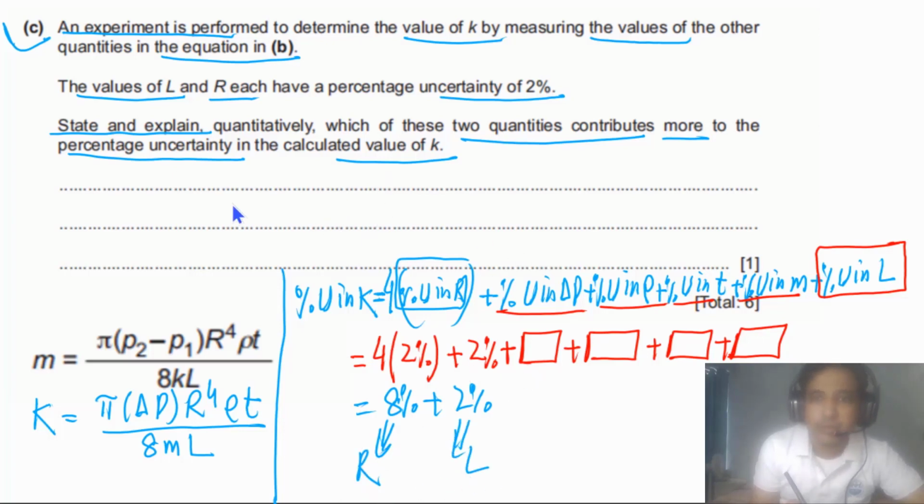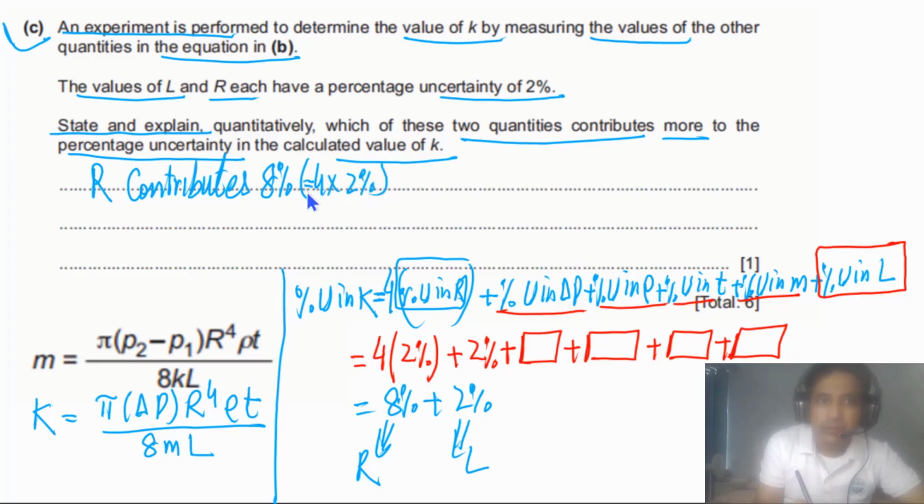So we can write here R contributes 8%, which is 4 times 2%, so this is 8%, and L contributes only 2%.